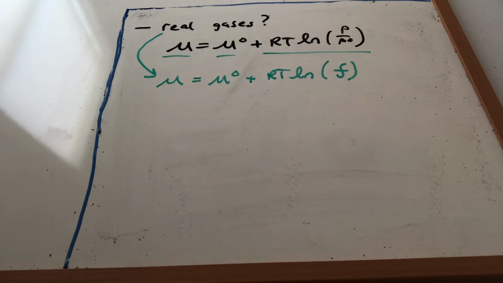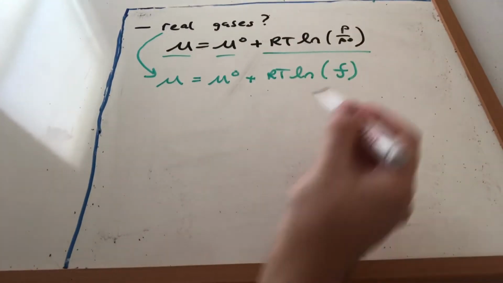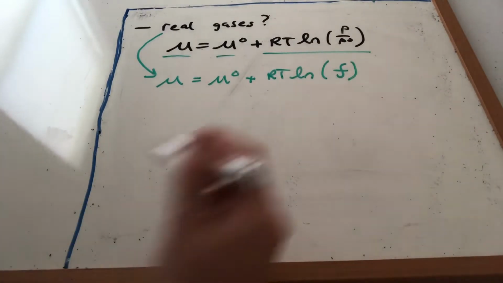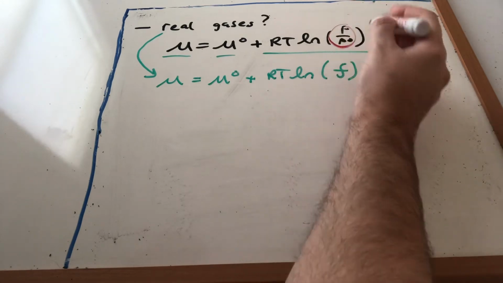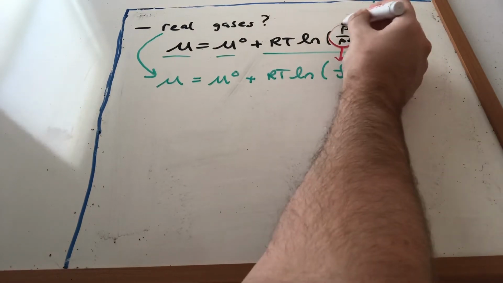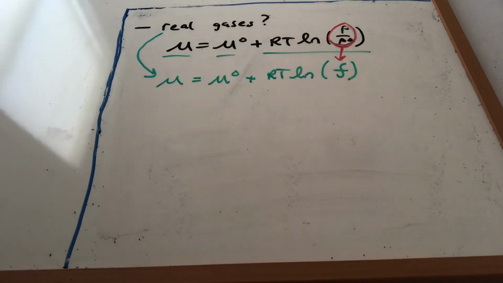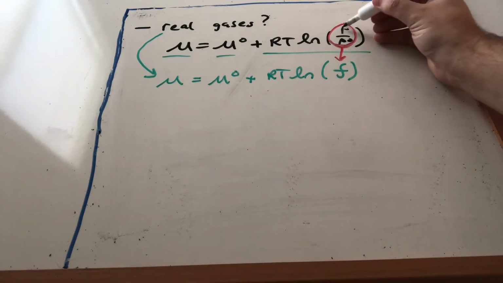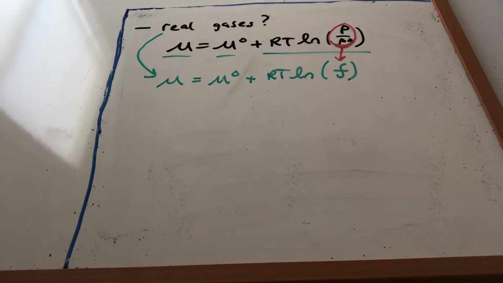Well, hold on a second. Nothing really changes about any of the math, because remember, we kind of got rid of P naught. We didn't get rid of it, but we just called it 1 bar. If you look here, essentially the only thing that changes is this P over P naught is replaced with fugacity.